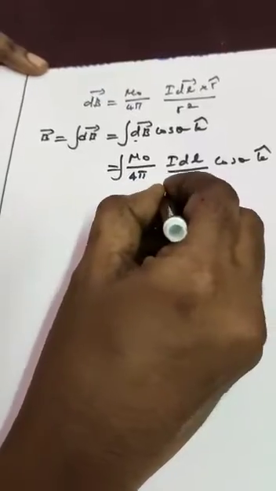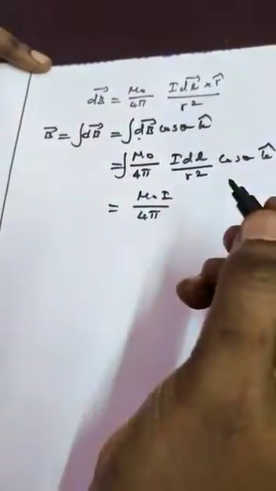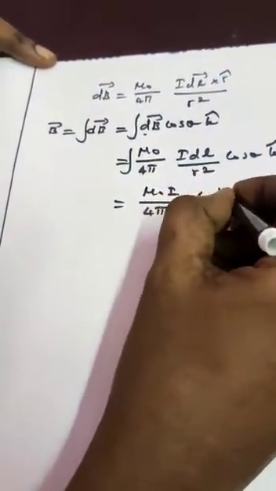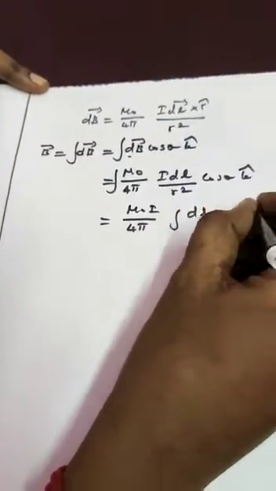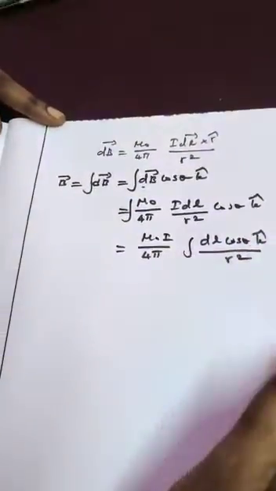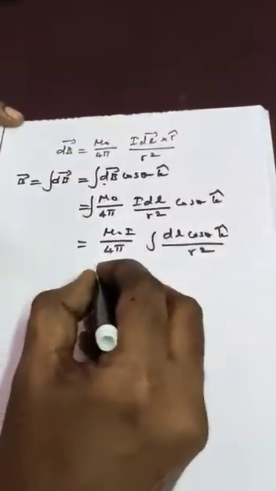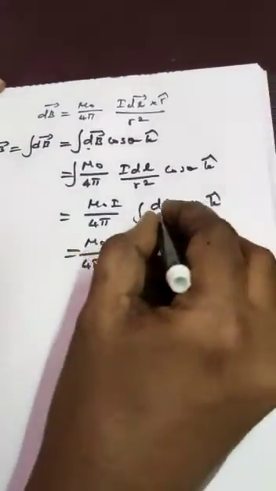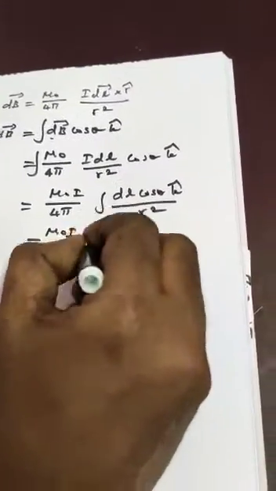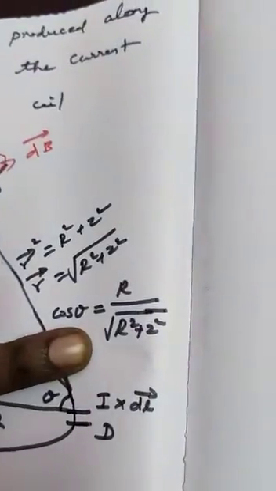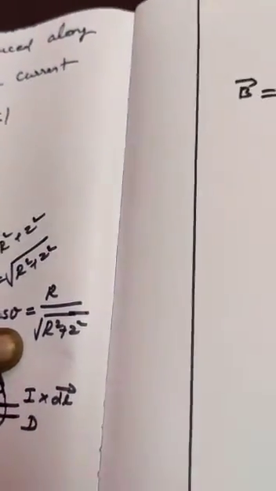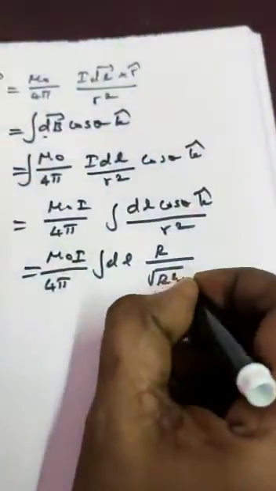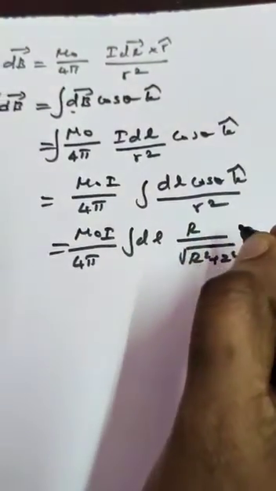Mu naught I divided by 4 pi is the constant, and dl cos theta k cap divided by r square is inside the integration. Cos theta we have known already, that is r divided by root of r square plus z square, adjacent by hypotenuse.